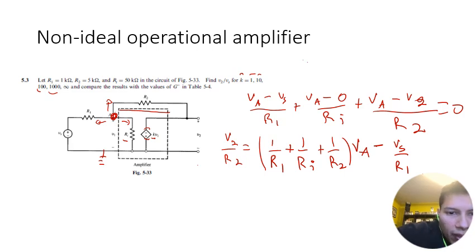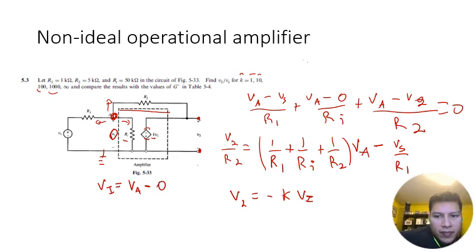The second equation we know is that actually V2 is equal to negative K times VI, right? But VI is actually equal to VA minus 0.